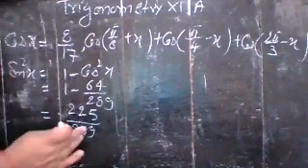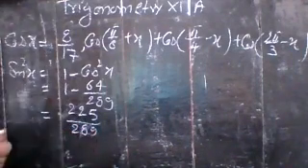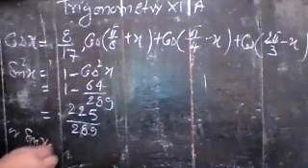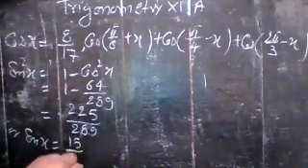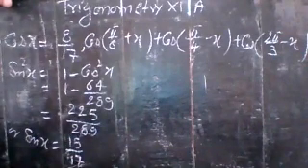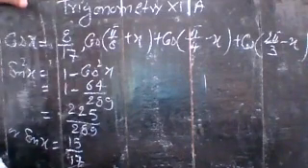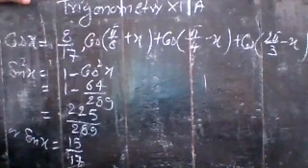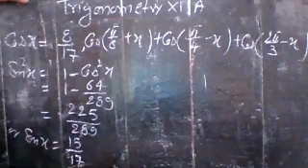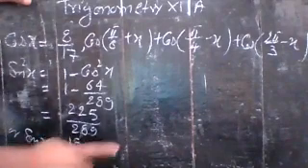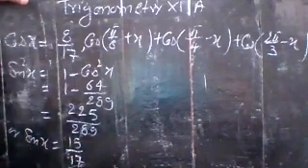So sin x is equal to, here positive value only, 15 upon 17. Please note it: the value of sin x is 15 upon 17, and you take the positive value because x lies in first quadrant.